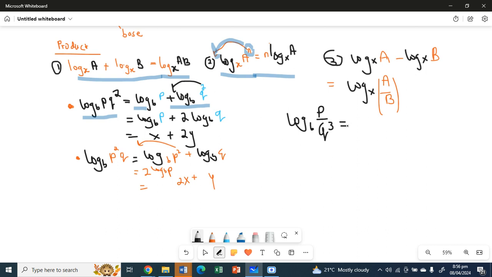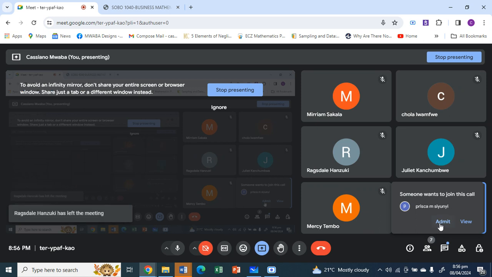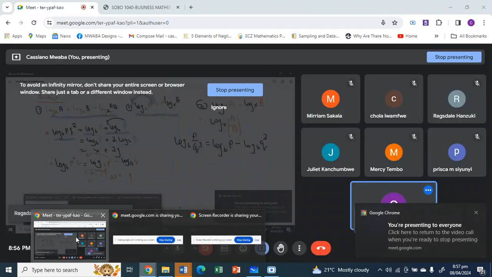So applying the quotient rule, we say log b p minus log b q cubed.